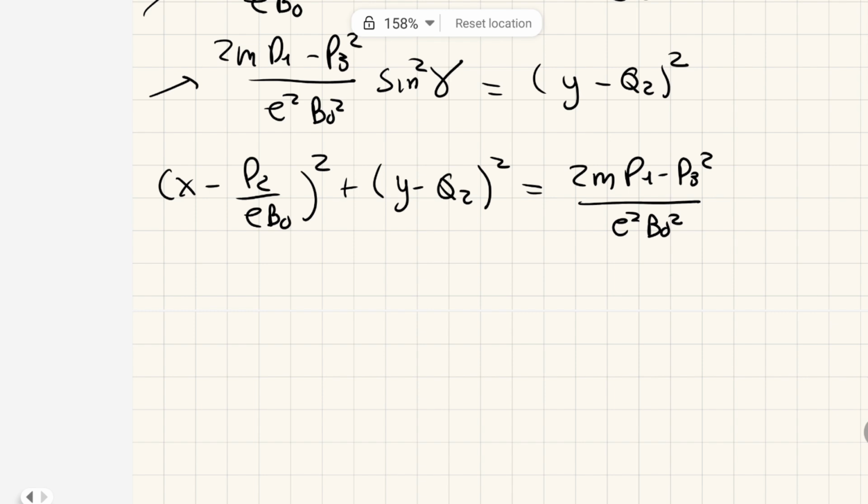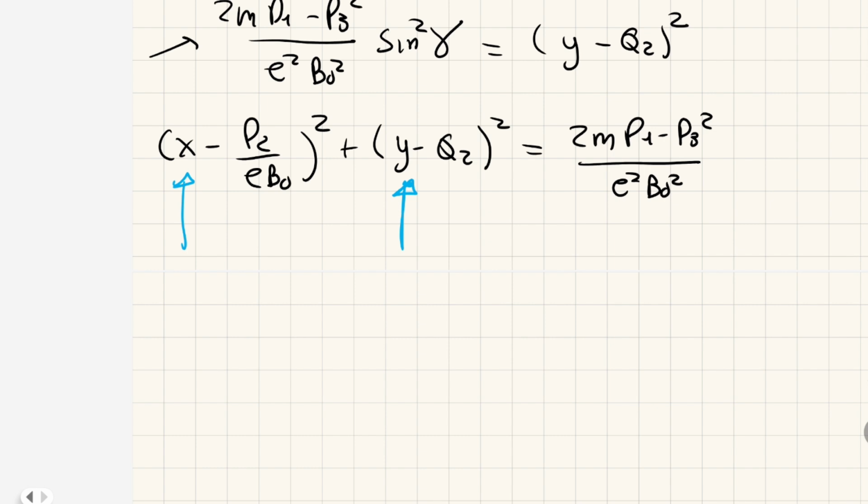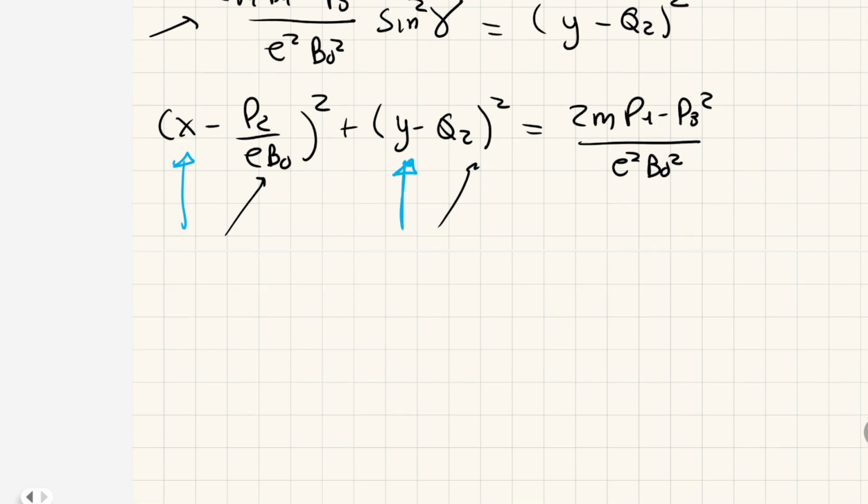So what I want you to notice here is that it turns out that the x-coordinate and the y-coordinate satisfy the equation of a circle, right? A circumference. And also we can say that the center of this circumference is determined by these elements, right? Remember that the general equation for a circumference is (x minus h) squared plus (y minus k) squared equals the radius squared, right?